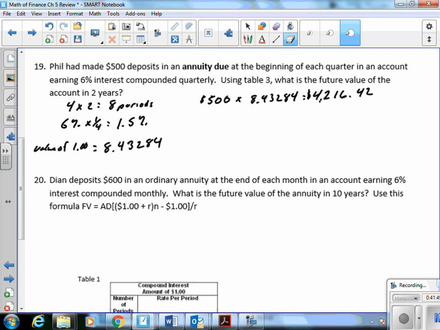Then to do an annuity due, we take the amount we've earned there, $4,216.42, and multiply it times 1.00 plus that 1.5% converted to a decimal, 0.015. So 4,216.42 times 1.015 gives us $4,279.67.